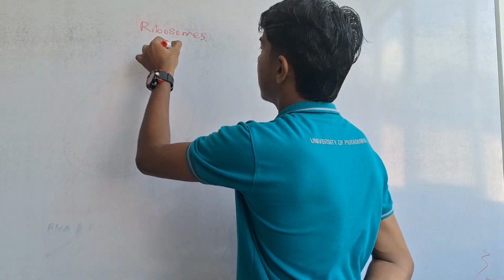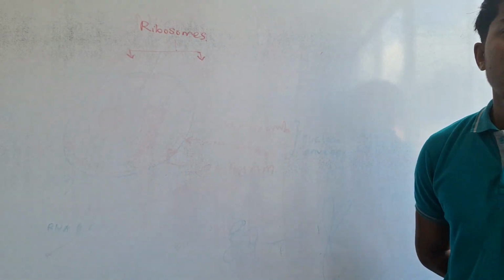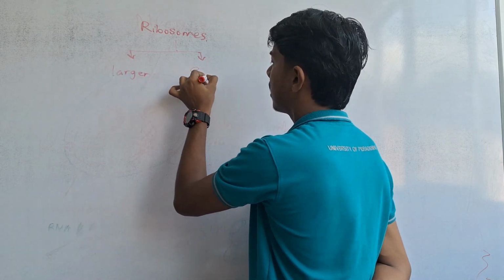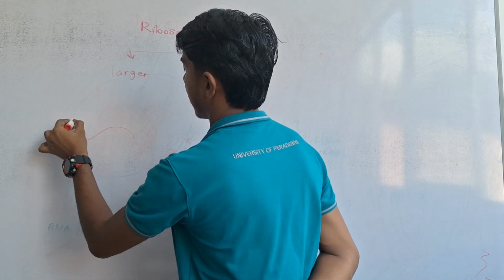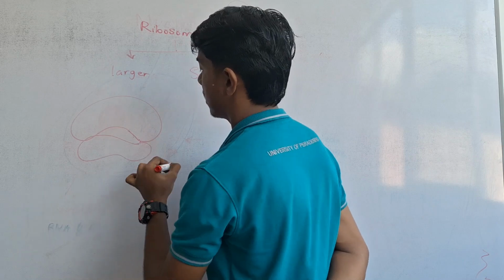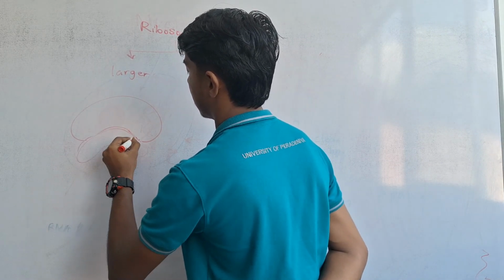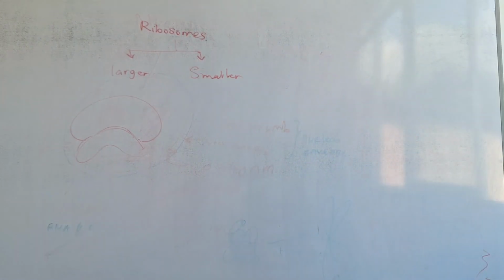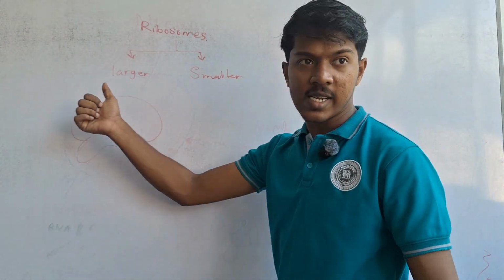Ribosome. A ribosome is composed of two subunits, a larger subunit and a smaller subunit.